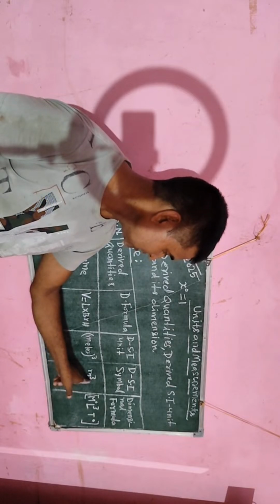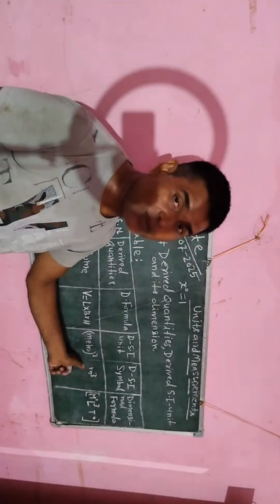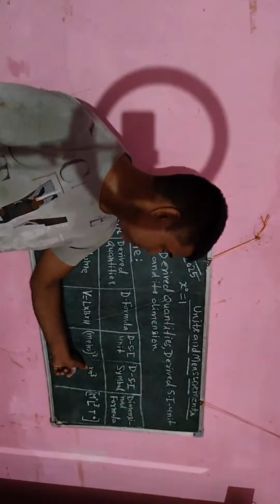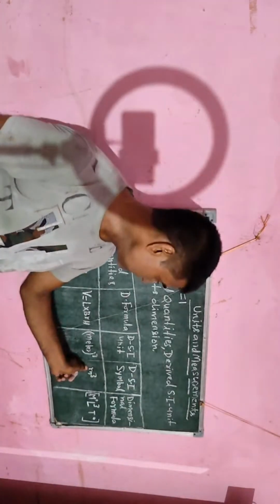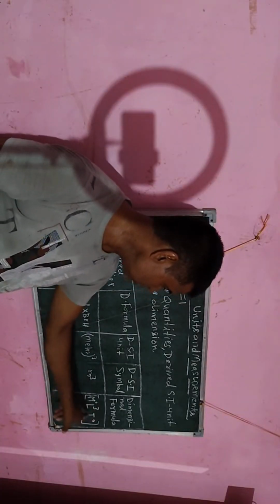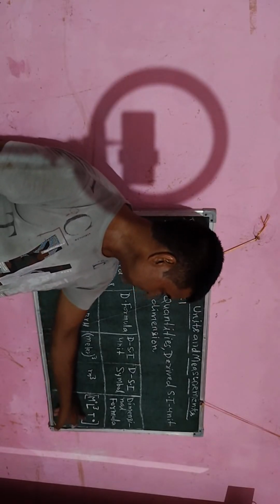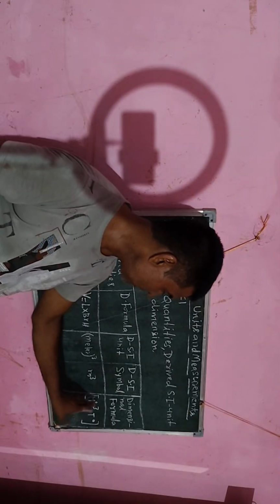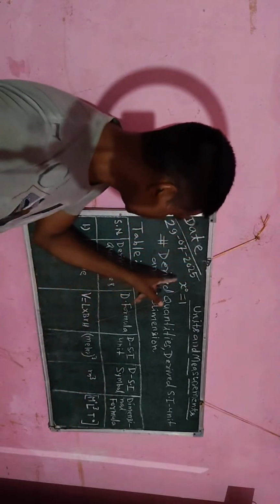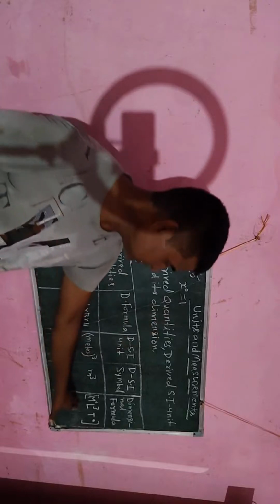Now meter has dimension L, because yesterday I already taught you that if length is calculated in meter, its dimension is L. So L has power 3. Now M is absent and T is absent, so I take M to the power 0 and T to the power 0, because any variable with power 0 has value 1. So I can arrange it like this.